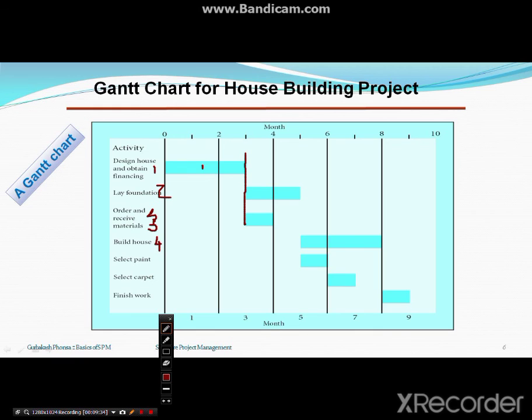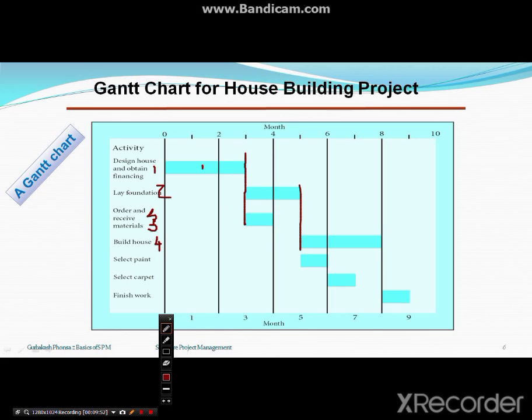Activity 2 is over. So let us now draw the 4th activity. Activity 2 is getting over in 2 months, and it is starting after 3 months. So 3 plus 2 is 5. So at the end of the 5th month only our activity number 4 will start.